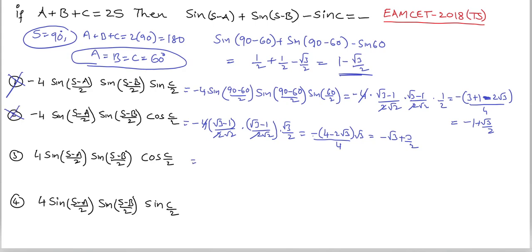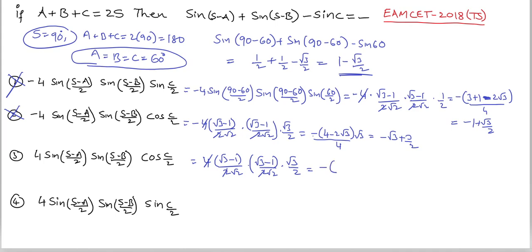And the third option, that is 4 into sine (90 minus 60) by 2, that is sine 15. This is root 3 minus 1 by 2 root 2, into this is also root 3 minus 1 by 2 root 2, into cos c by 2, that is cos 60 by 2, cos 30, that is root 3 by 2. Here 2 into 2 is 4, this 4 cancel.